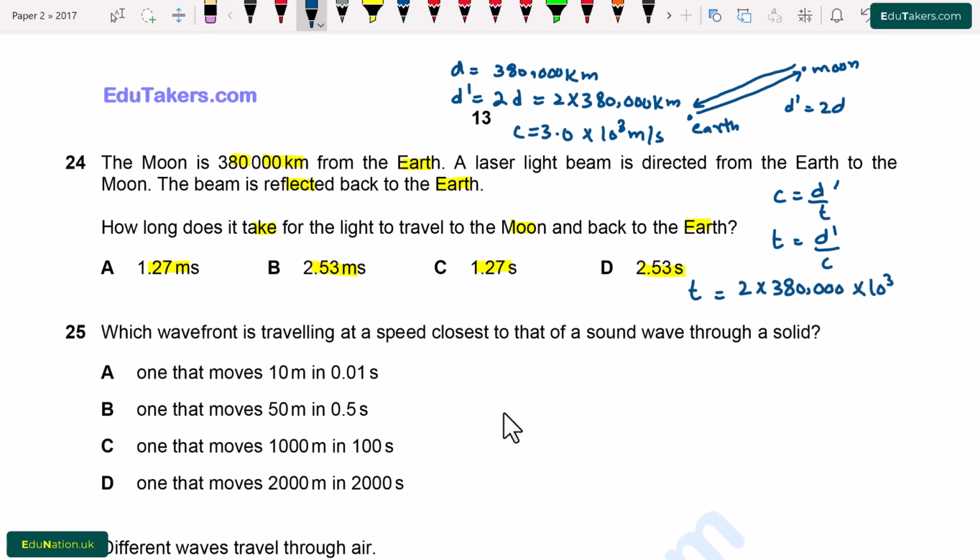This is because of the kilo. Divided by C, 3.0 into 10 to the power 8 meter per second. From here, time t will be equal to 2.53 seconds. So option D is correct from here.